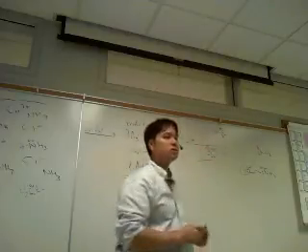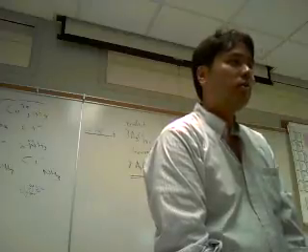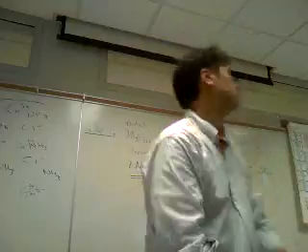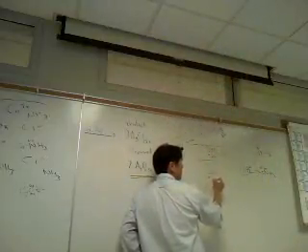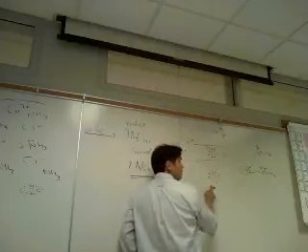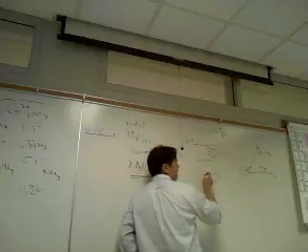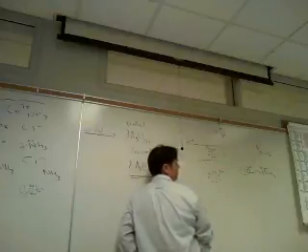And so what was a stronger base on the chart? Do you guys remember? Carbonate's weaker. Well, let me tell you. Oxide. Oxide is a more powerful base than hydroxide. Oxide has a lot of lone pairs. In addition to that, it has a 2- charge versus a 1- charge.